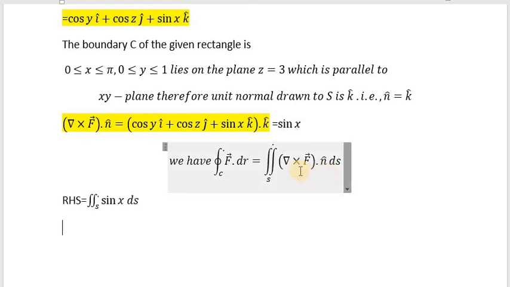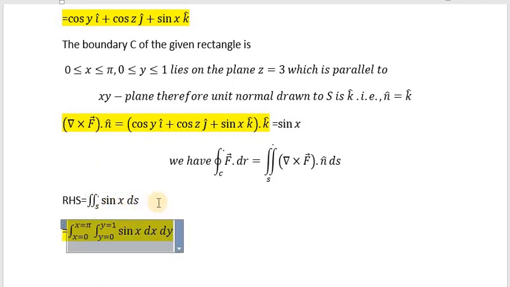RHS is del cross f dot n, which is sin x. So the double integral over S of sin x ds. We take the limits as x varying from 0 to 5 and y varying from 0 to 1, because the surface S is the rectangle where 0 is less than or equal to x less than or equal to 5, and 0 is less than or equal to y less than or equal to 1.